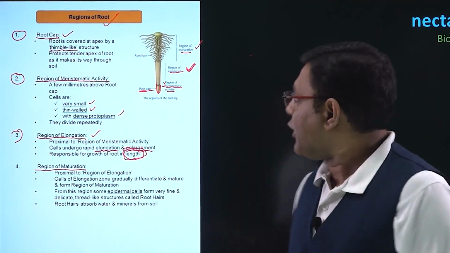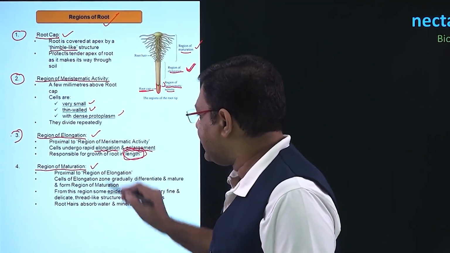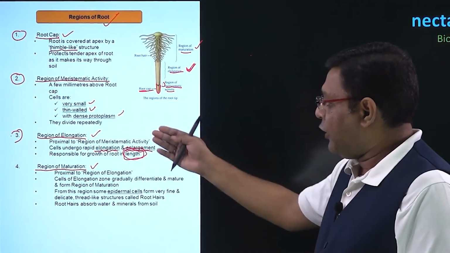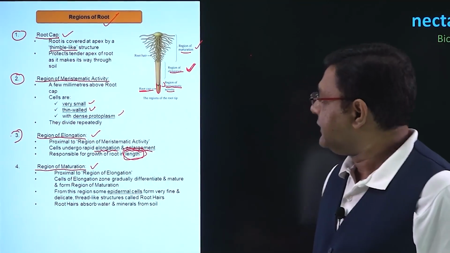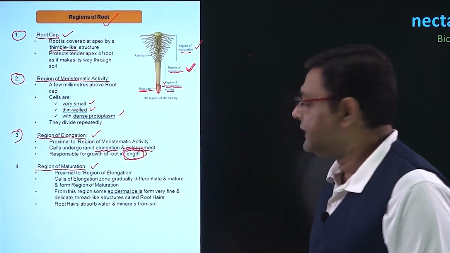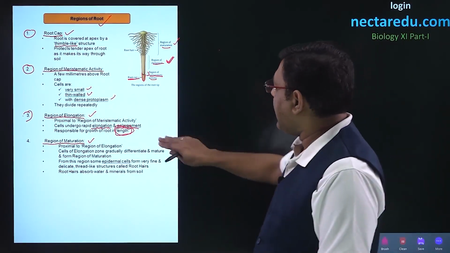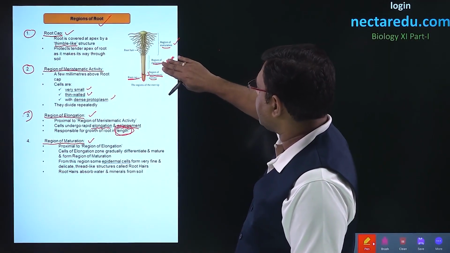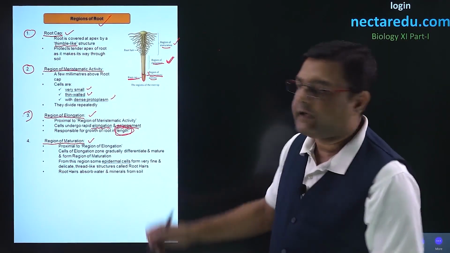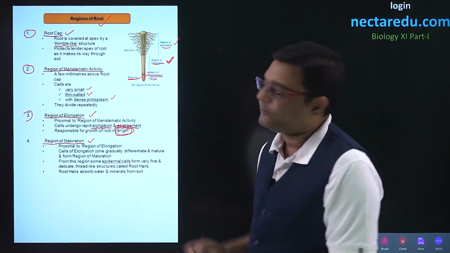Now the region proximal to the region of elongation will be called the region of maturation. In this region of maturation, the cells which were present in the region of elongation will slowly differentiate and mature, and these cells, after differentiating and maturing, will convert into the cells of the region of maturation.